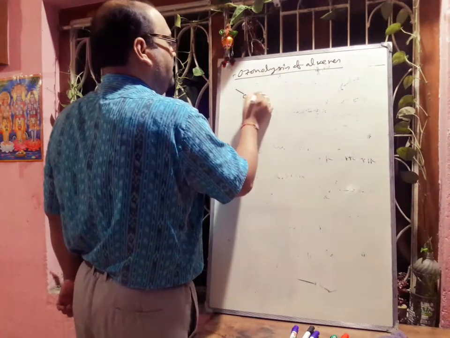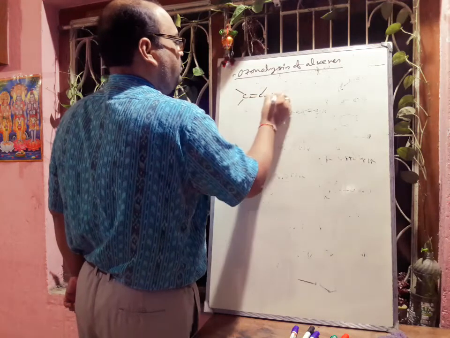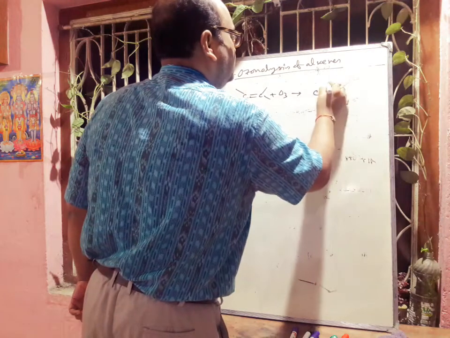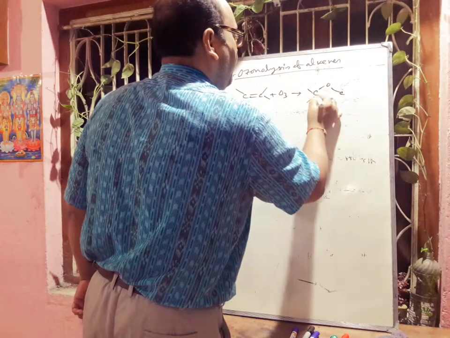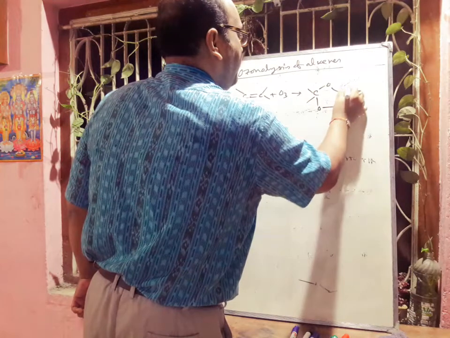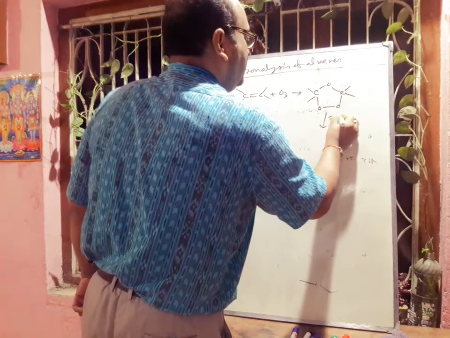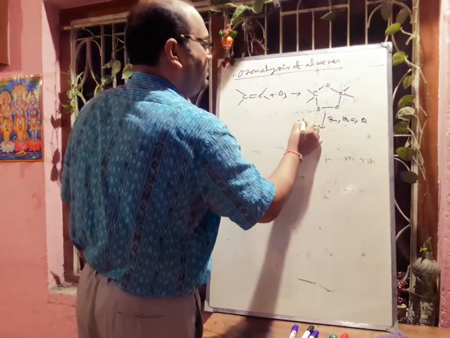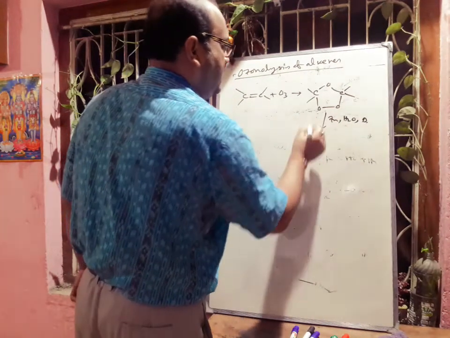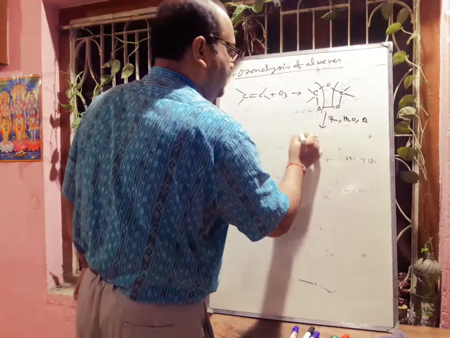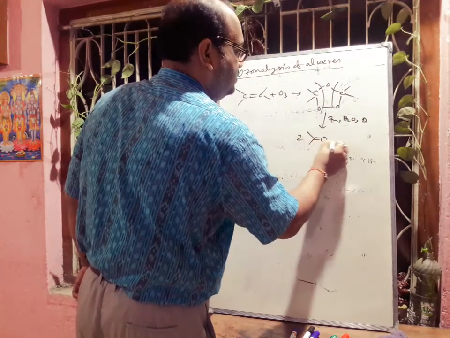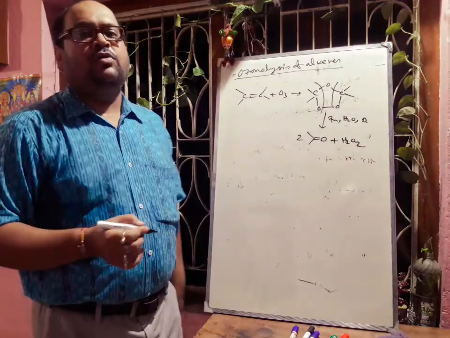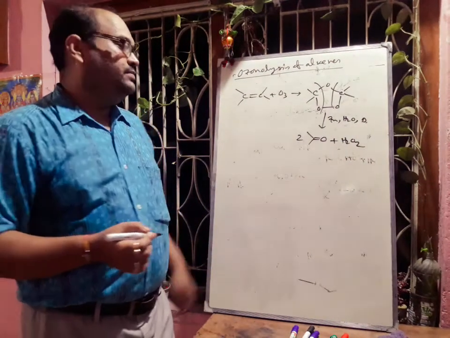So if we take one alkene, if we give ozone, then there will be formation of ozonide. Then we have to give zinc and water, and if we apply heat, there will be elimination of hydrogen peroxide and formation of ketone. Okay, so in this way we also can prepare the ketone.